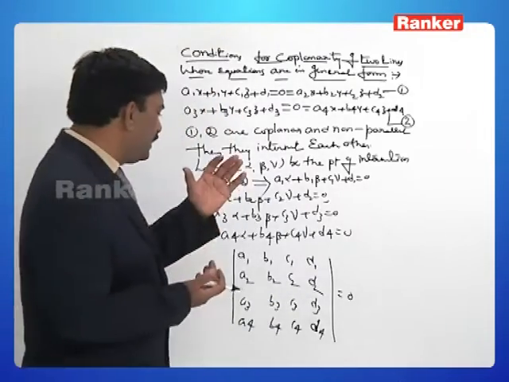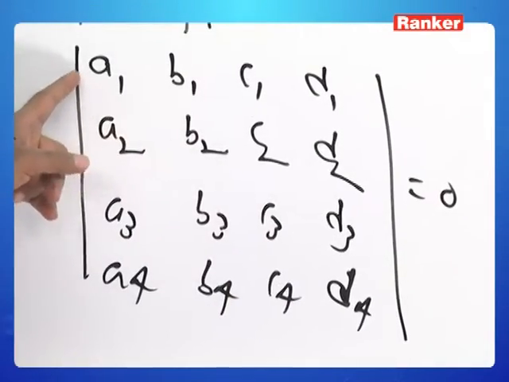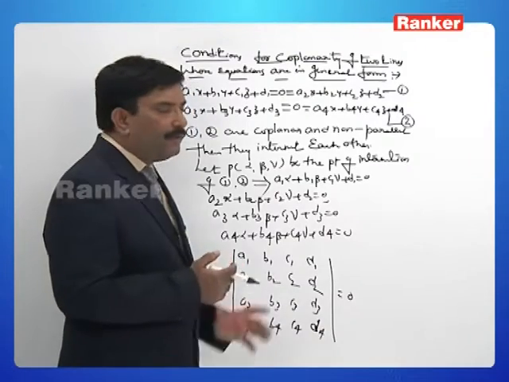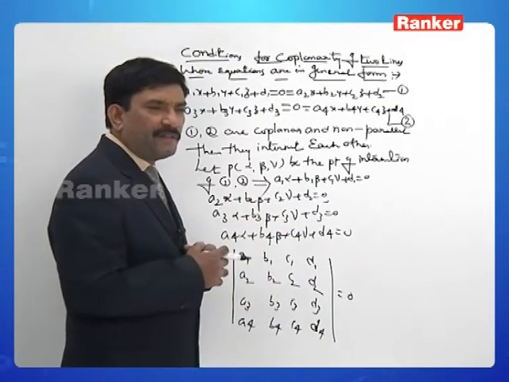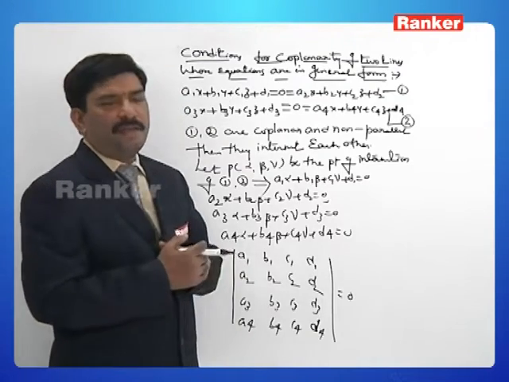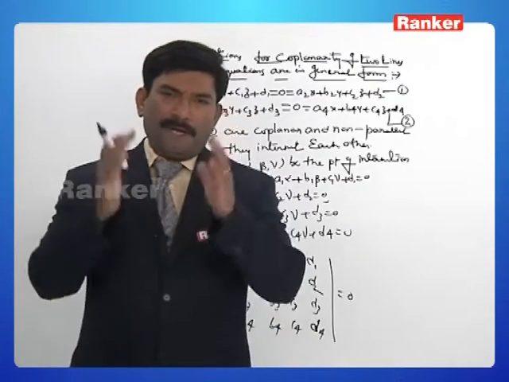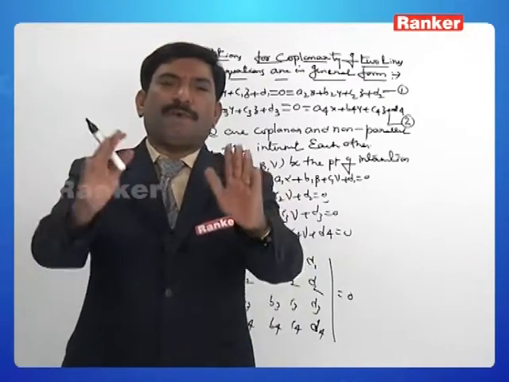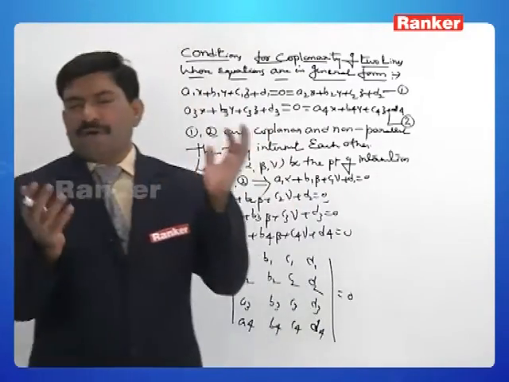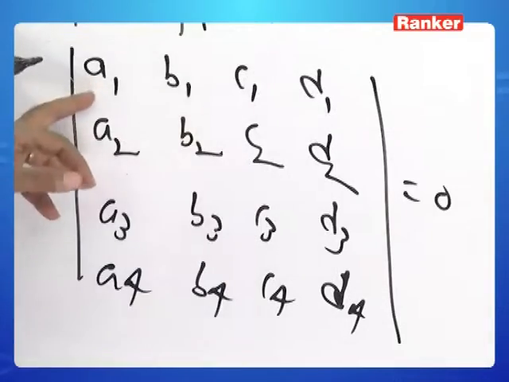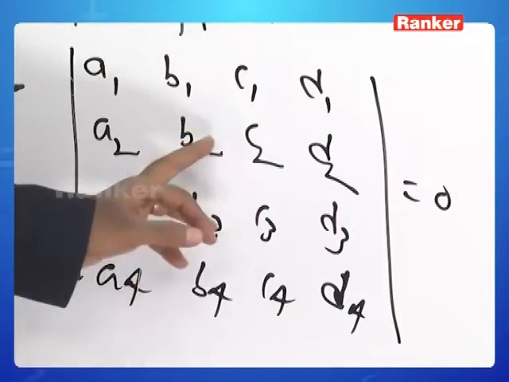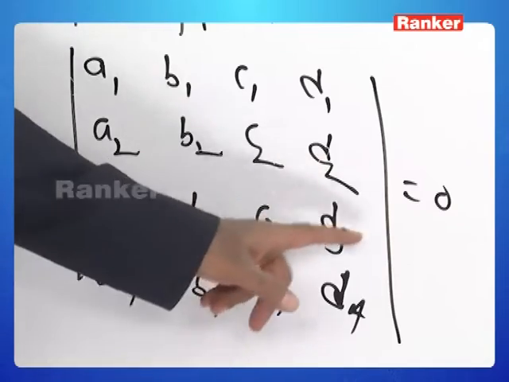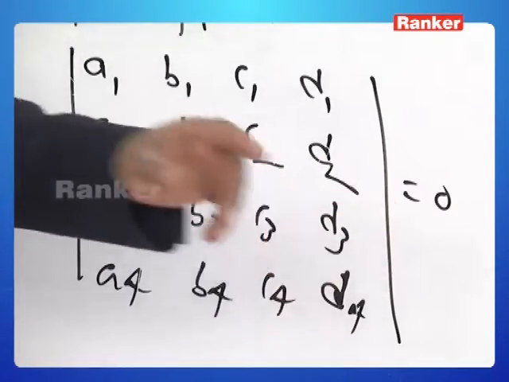Sir, how to expand this? A1 into, neglect this row and this column. You already know the definition of cofactor: the cofactor of any element is obtained by multiplying (-1) to the power i plus j with its corresponding minor. So A1 into, neglect this row and column, a 3 by 3 determinant with rows B2, C2, D2; B3, C3, D3; B4, C4, D4.